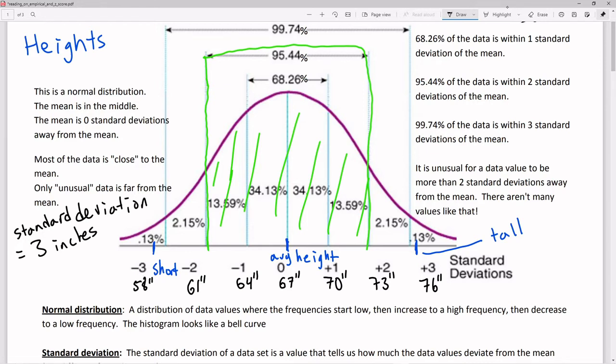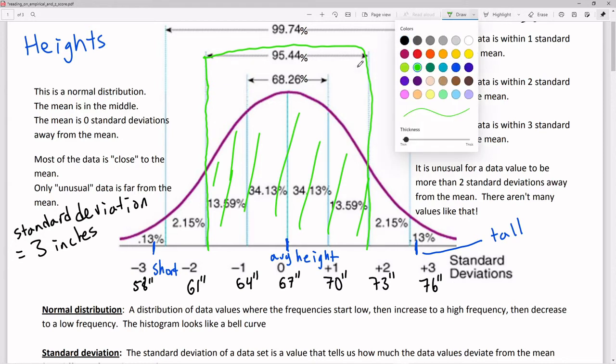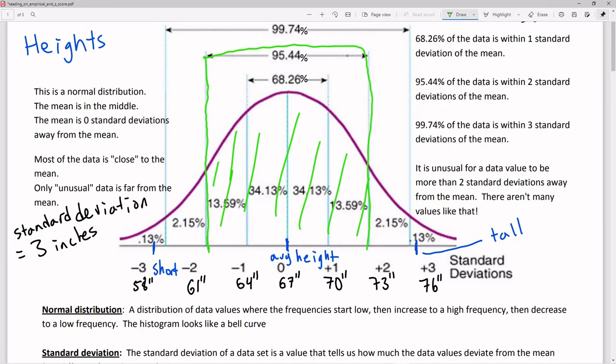But that's the idea. If you're talking about heights here, you know the average, you know the spread, the standard deviation, then using this idea, you can pick out these numbers, and then we have a rule now that says if you are between 61 inches and 73 inches in the green, we're going to say, yep, you have a usual height.